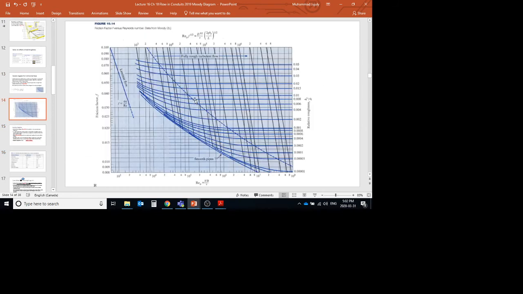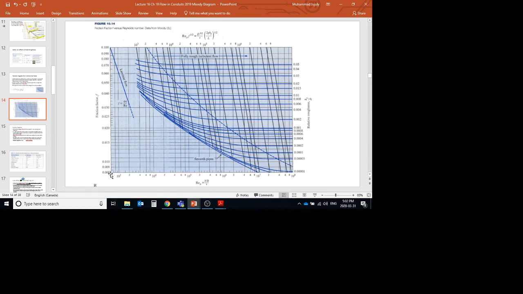This is the Moody diagram. This is what we call a semi-log diagram. What is a semi-log diagram? Here the y-axis is normal, the friction factor from 0.008 to 0.1, but the x-axis is a log chart.